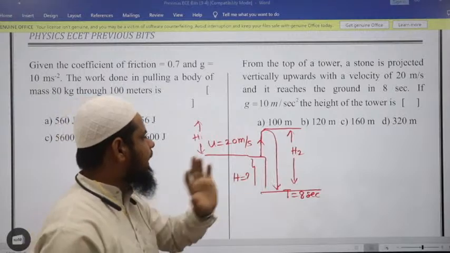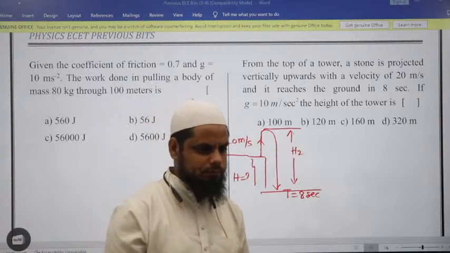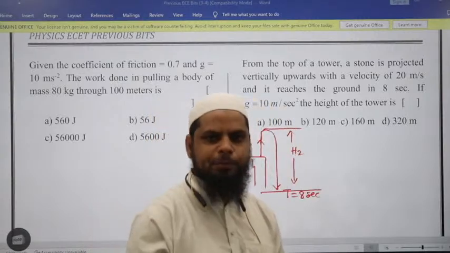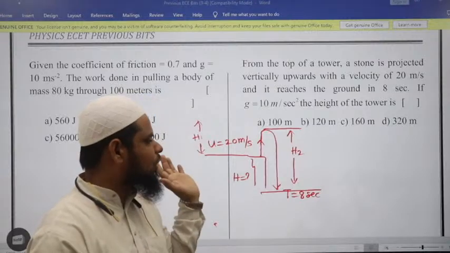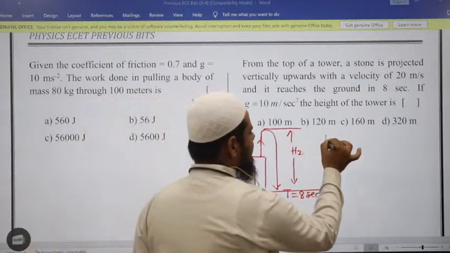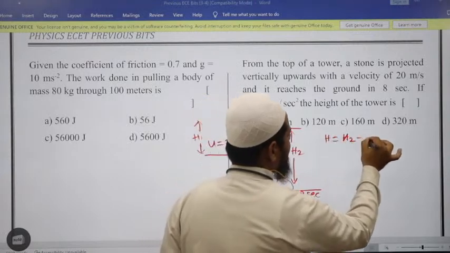Can anyone tell me what formula I can use here? I have already given the clue: H is nothing but h2 minus h1.